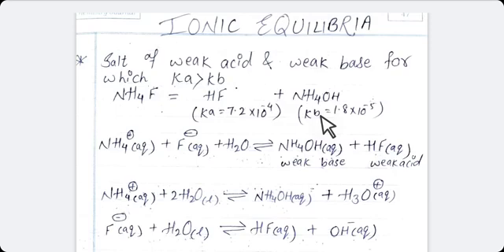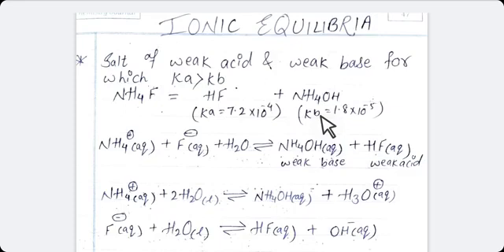The value of Kb for ammonium hydroxide NH4OH is 1.8 × 10⁻⁵. Here, as you have seen, Ka is greater than Kb.